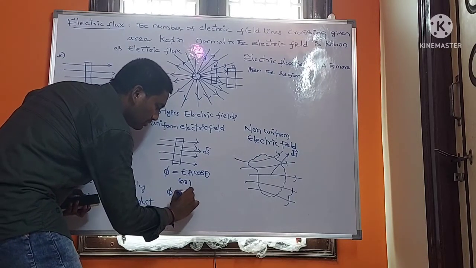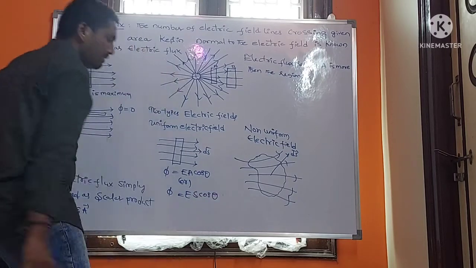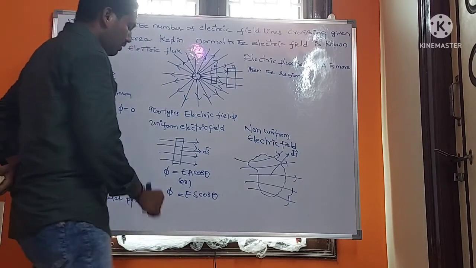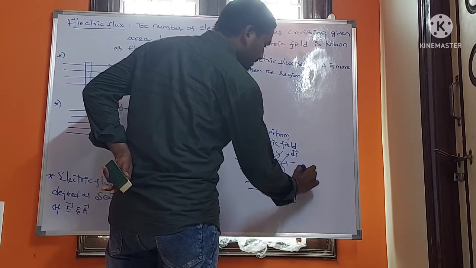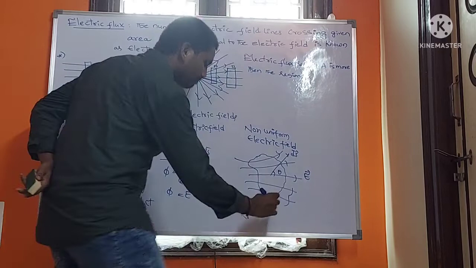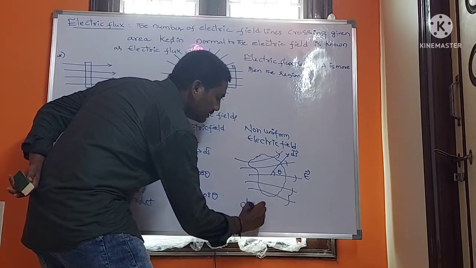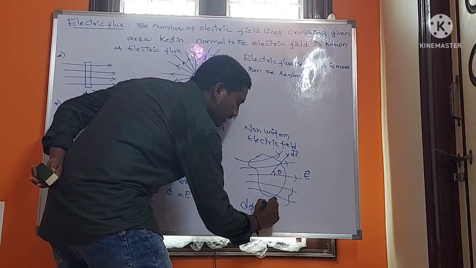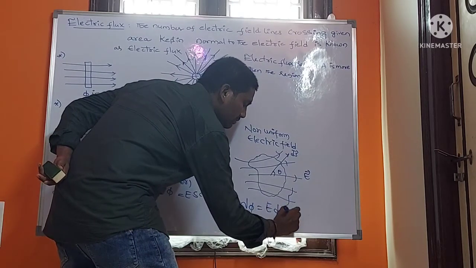Phi is equal to E S cos theta. Here the area element makes an angle theta with the electric field E. Now we write d phi is equal to E dS cos theta.